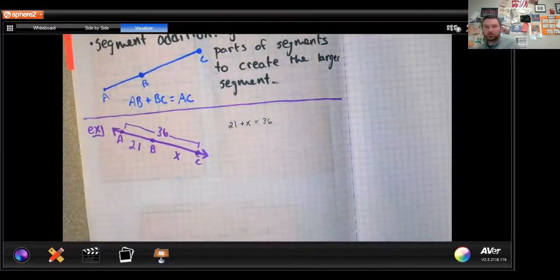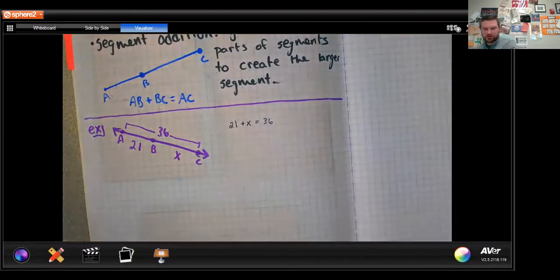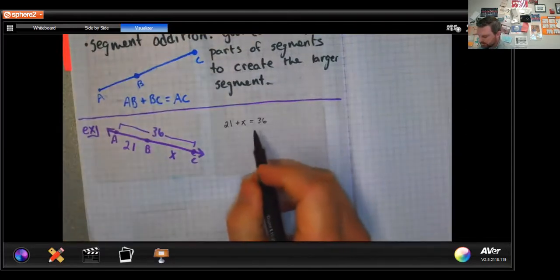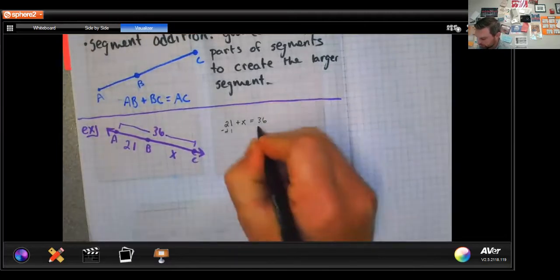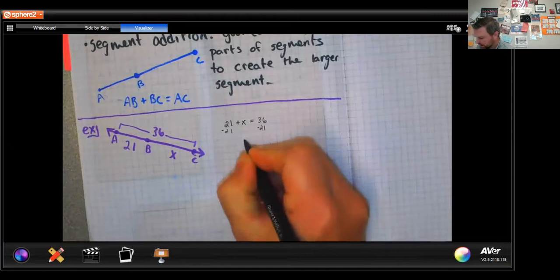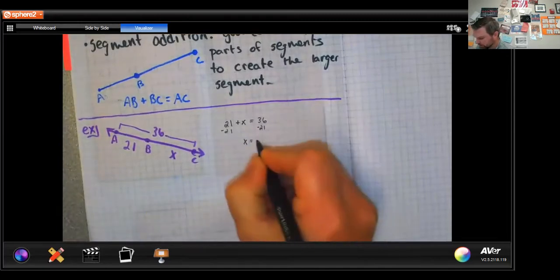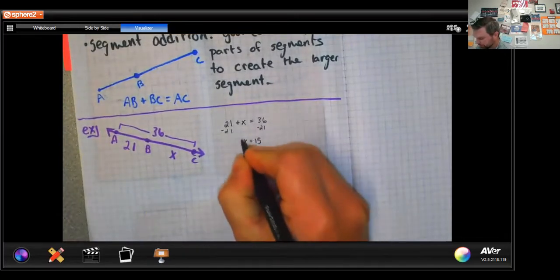And then we just have an algebra equation to solve. So what plus 21 is 36? Or you can subtract 21 from both sides, and you'll get X equals 15.